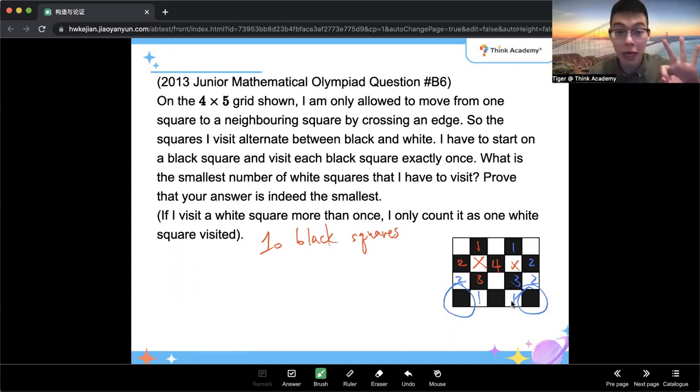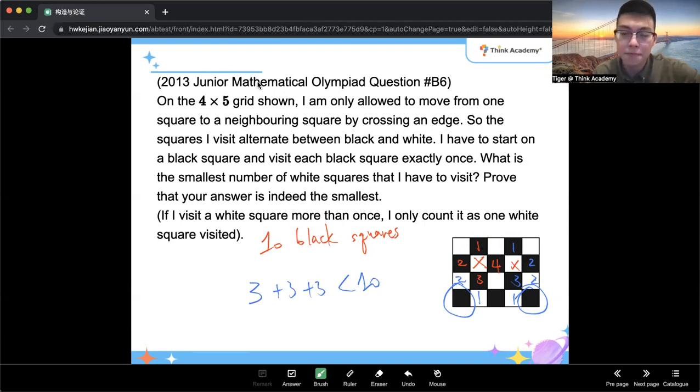So if you are imagining that you're starting from one of these white squares, then the initial value you have won't be 4, right? So it means that the initial value you have is going to be 3 if you want to cover these corner ones. And then 3 adding 3 adding 3 is less than 10, which means that you would need at least 4 of them.